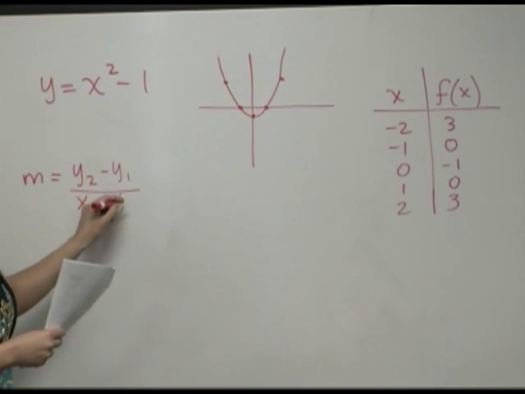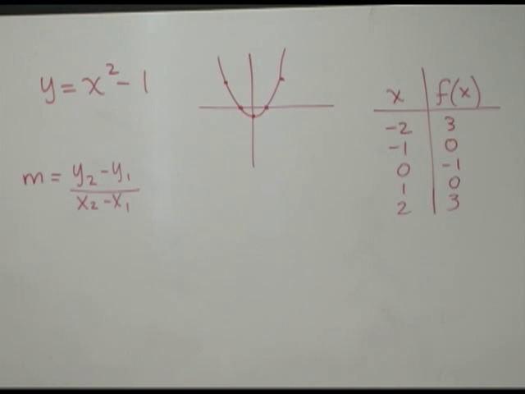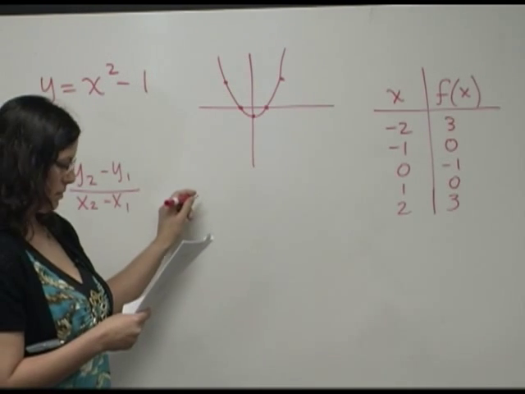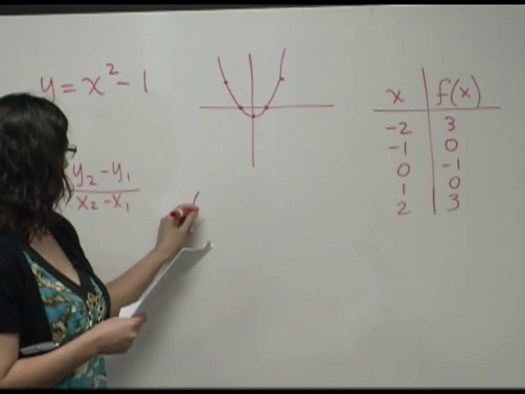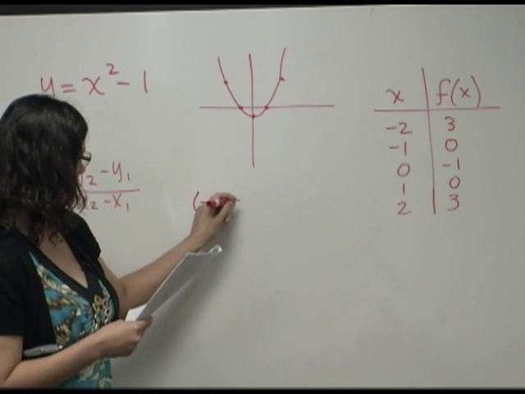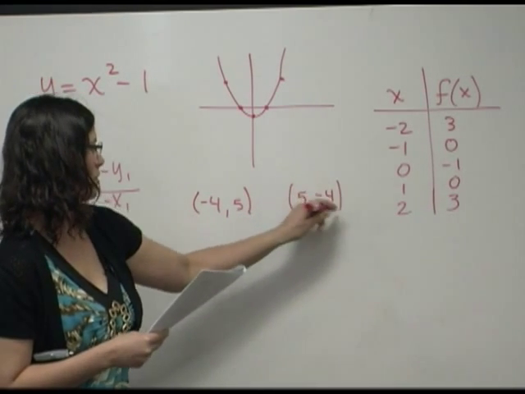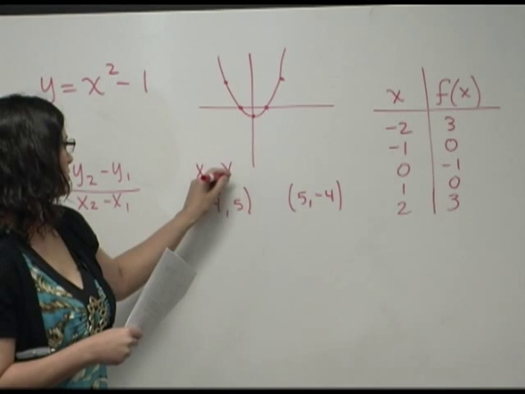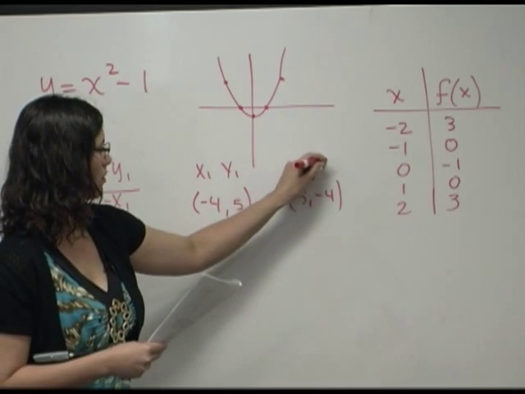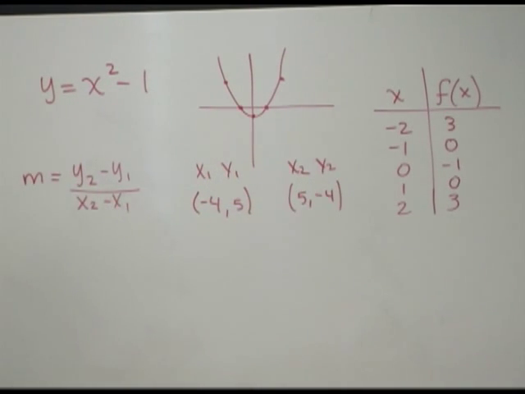Okay, what do you need to find the slope? 2 points. Any 2 points, right? You get 2 points, label the 2 points and substitute directly into the formula.